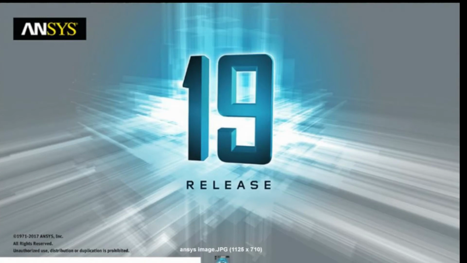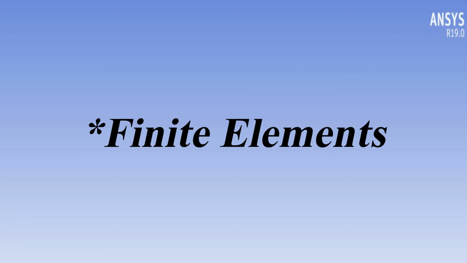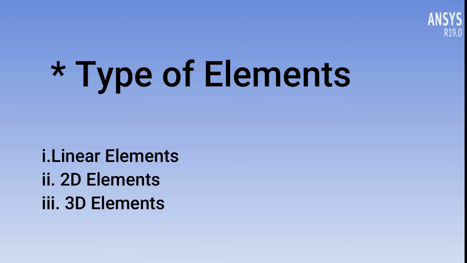Before entering into the Workbench, we need to familiarize ourselves with the different theories in ANSYS. ANSYS is a finite element analysis software, which is part of CAD theory. ANSYS will be dividing the geometry into finite elements. There are different types of elements available. These include linear elements, two-dimensional elements and three-dimensional elements.